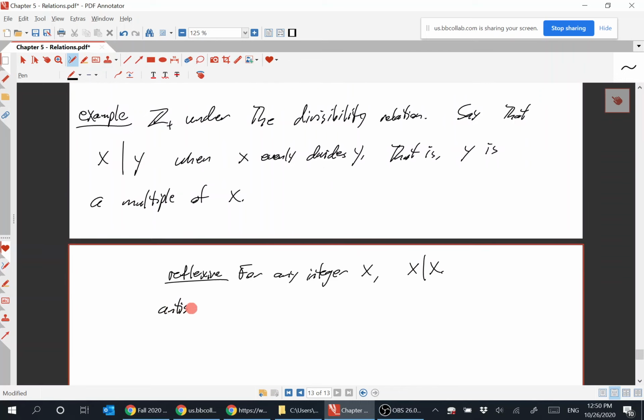Antisymmetry. For every pair of integers, so for every pair, if x divides y, so if y is a multiple of x, and then x is a multiple of y, then must we have that x and y are actually the same?